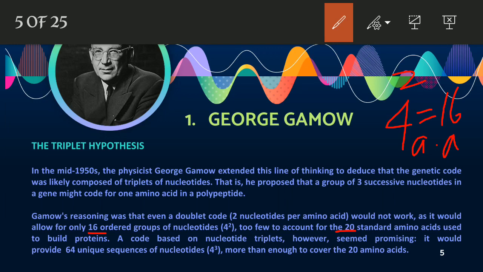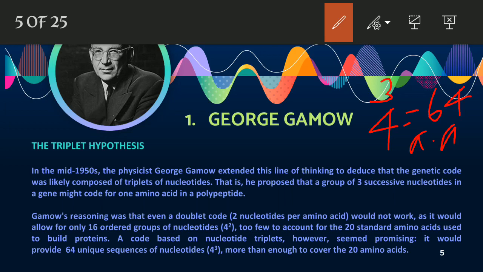A code based on nucleotide triplets, however, seemed promising. It would provide 64 unique sequences of nucleotides. That is, instead of being present as doublet code, if they were present as triplets, then it would give us 64 amino acids, which is actually more than enough to cover the 20 amino acids.